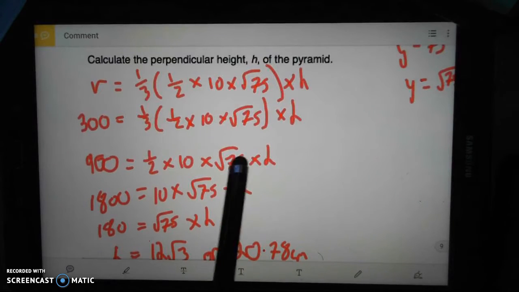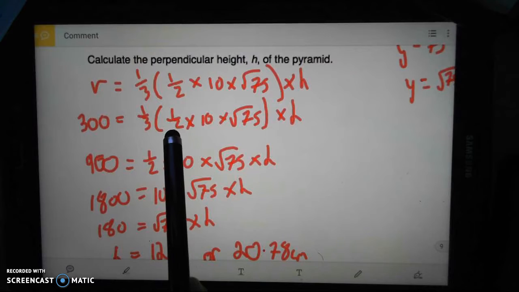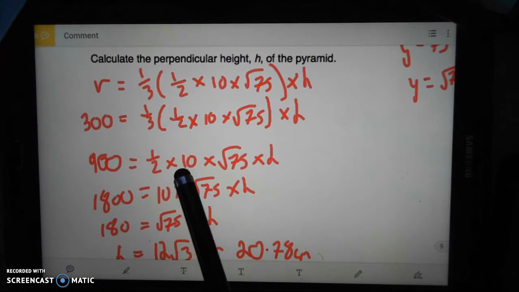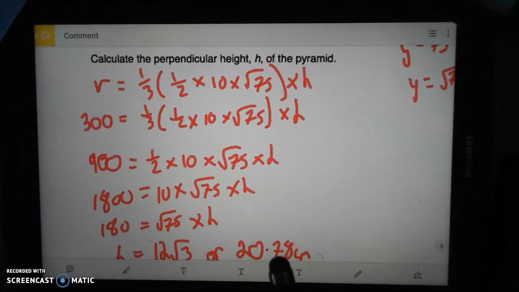What you could have done at this stage is work out a half times 10 times square root of 75 times a third. Whatever the answer was, just do 300 divided by that, and that will get your answer. I'll repeat that one more time.